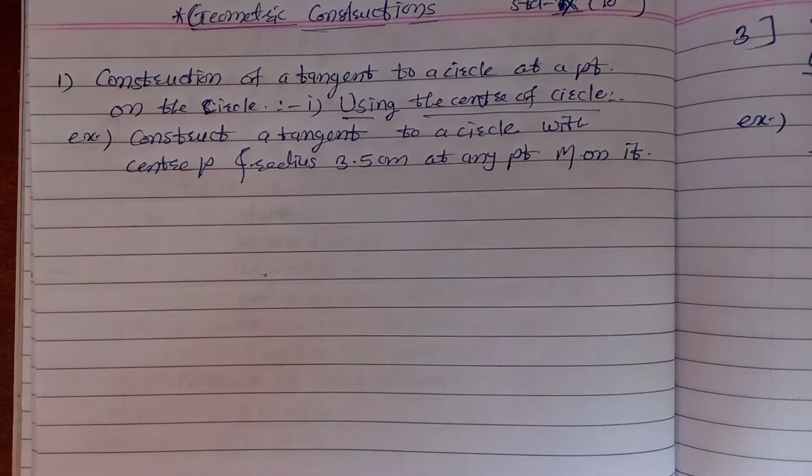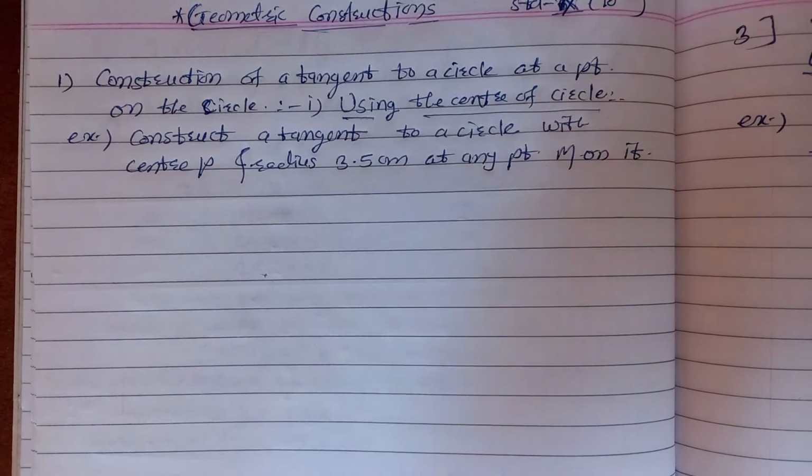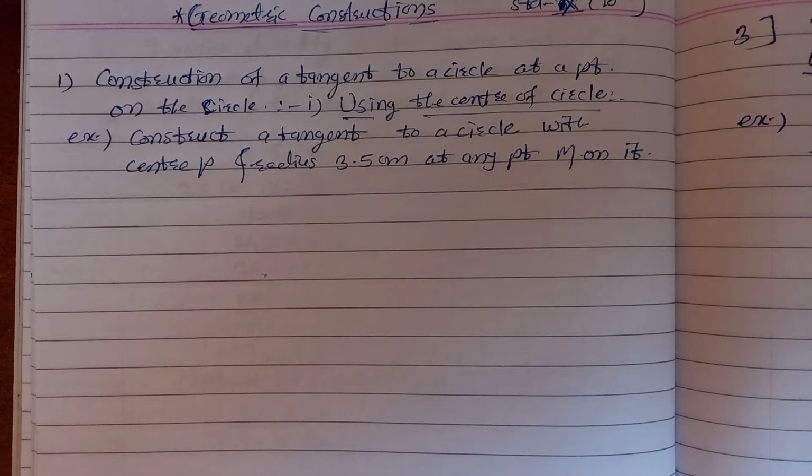So now we will see that construction first. Already I think you have the idea how to construct, so we'll see one more part, that is the revision part. How to construct the tangent to the circle? What radius is given, that is very important. The radius is 3.5 centimeter.